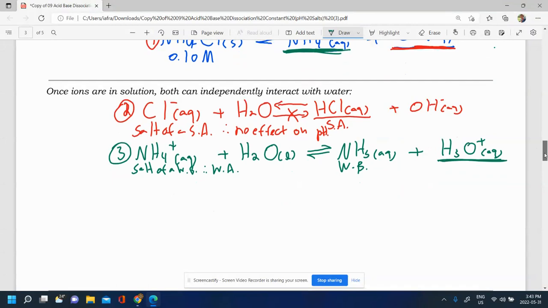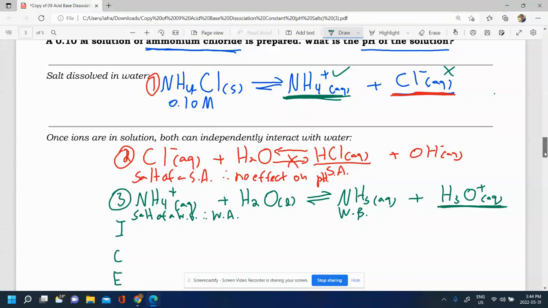Now all we have to do is make an ice table for this equation we wrote here for the NH4 plus because it's affecting our pH, and find the pH with that ice table. So ICE. We need to find the concentration of NH4 plus. We can do that using our molar ratios from our dissociation equation. This is a 1-to-1 ratio. So that means that the concentration should be 0.10 molar here. And also for the Cl minus, so we don't care about it because that's not affecting our pH.